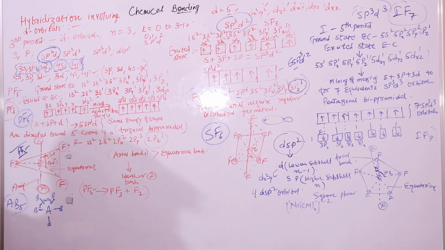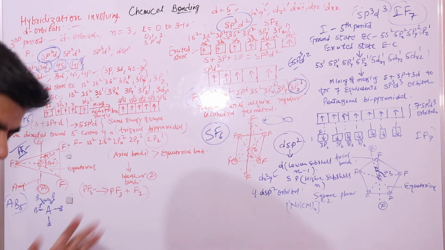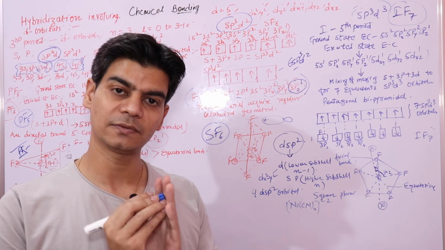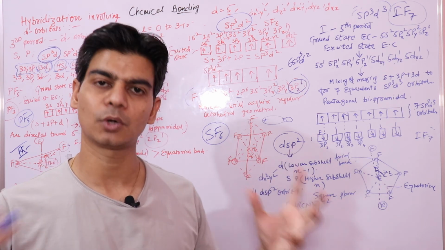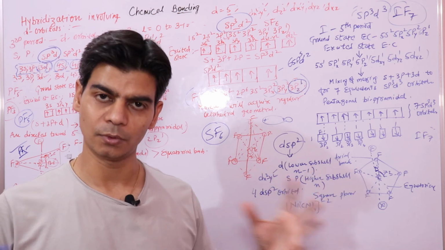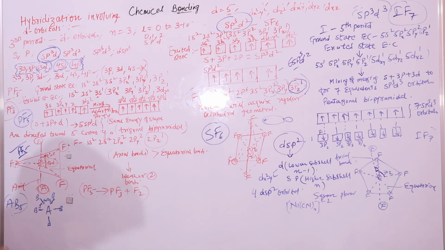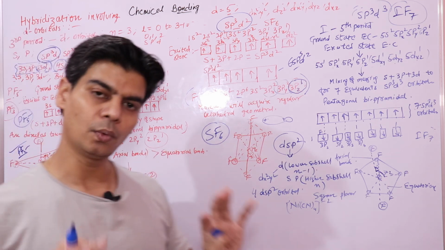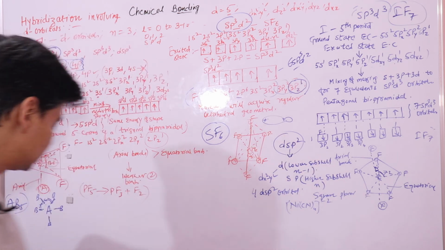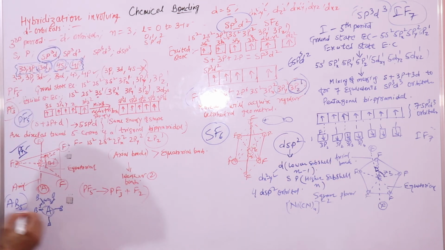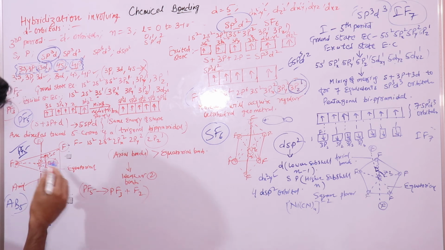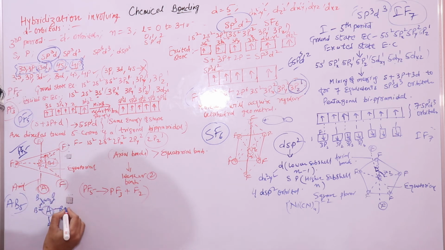So when they repel one another, these bond pairs will move as far apart from each other as possible. They will acquire certain positions around the central atom A, such that their geometry would be the same as this sp3d hybridization.